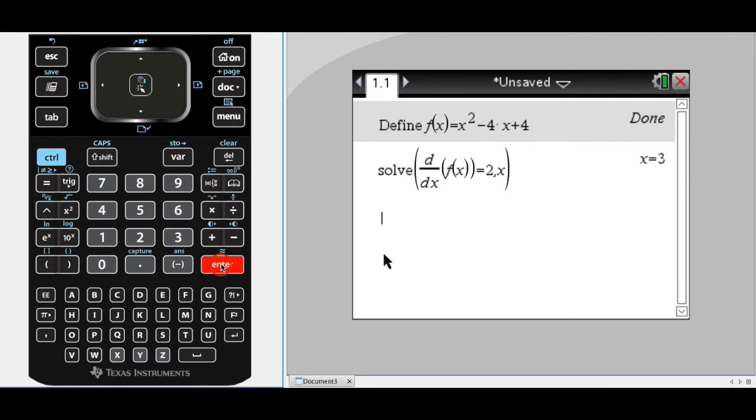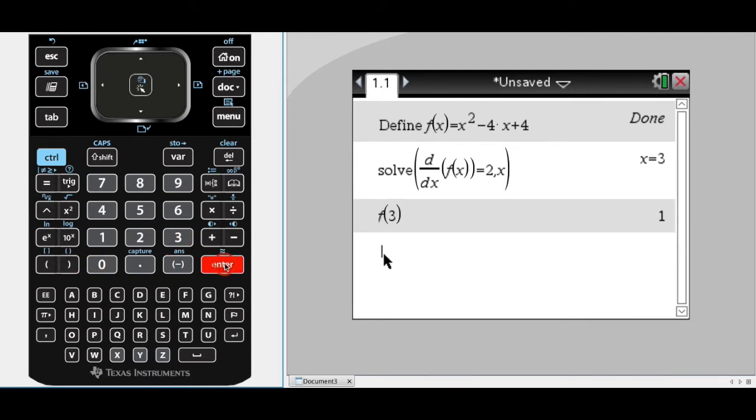So that is the x value for the point where the gradient of f of x is equal to 2. To work out the y value, I just simply substitute 3 into f of x. f of x is defined, so I'm just going to have f of 3. Hit enter, and you can see I get a result of 1.